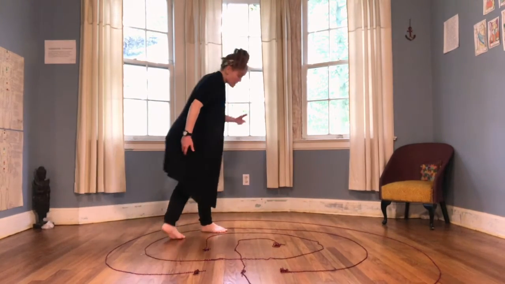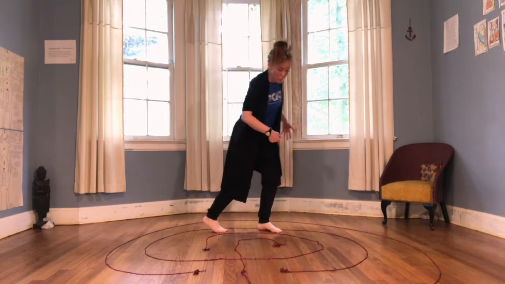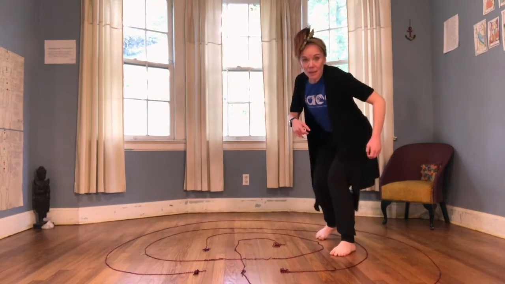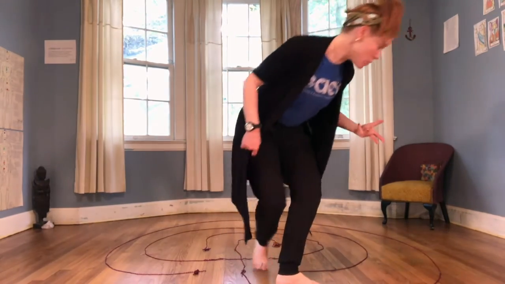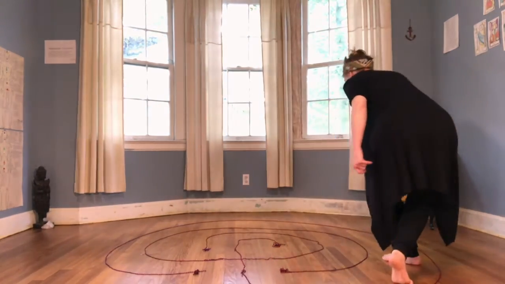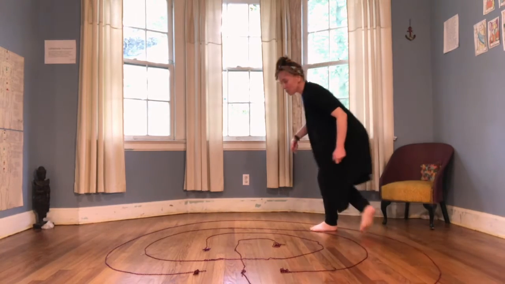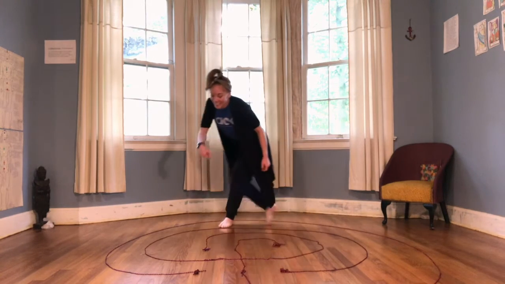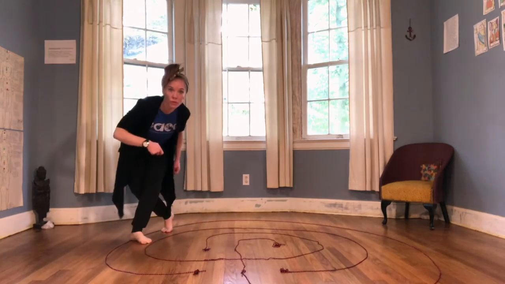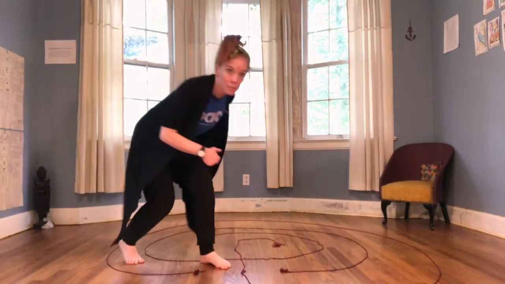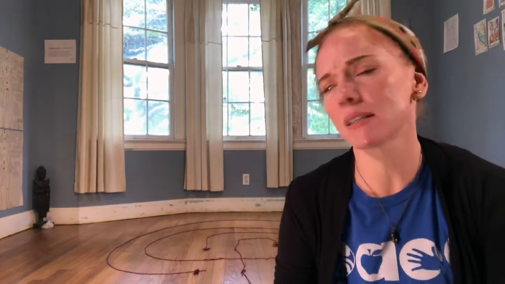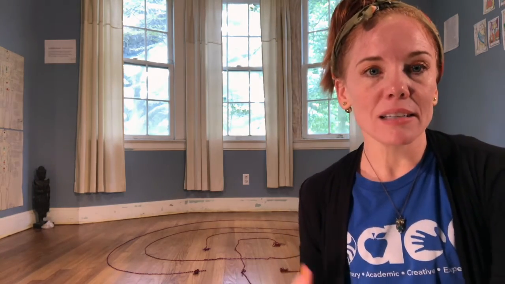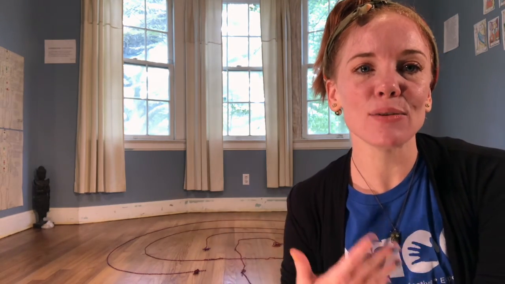I was doing walks the first time when I was feeling determined, and this time when I'm being careful, but you can see how the walks are very different. So the thoughts that we think and the emotions that we feel really change the way that we move and the way that we act. Okay, all right, so maybe you can try and play with some different intentions, different stories and ideas to walk through your labyrinth.